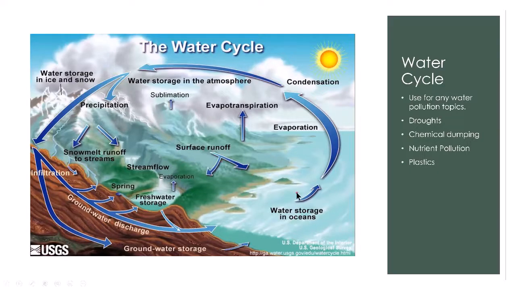Then when it gets to the ocean, it impacts that system because now it's causing algae blooms and causing anoxic conditions in the ocean. Okay, so that would be one thing you could say. Like I said, the water cycle is not appropriate for all topics, but it can be used for any of these topics that are listed here.